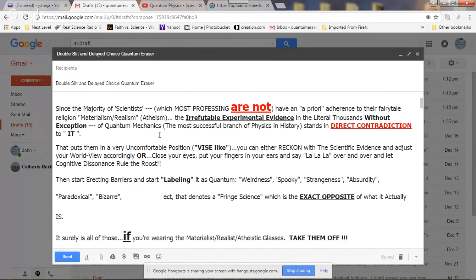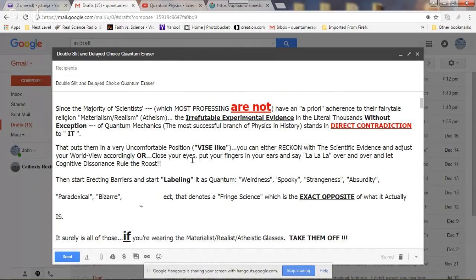That puts them in a very uncomfortable, vice-like position, because you can either reckon with the scientific evidence, and there are boatloads of it, and adjust your worldview accordingly, or you close your eyes, put your fingers in your ears, and say, shut up and calculate, la la la, over and over, and let the cognitive dissonance rule the roost. Then you start erecting barriers and labeling it: quantum weirdness, spooky, strangeness, absurdity, paradoxical, bizarre. These are all the watchwords. This is what you're going to hear.